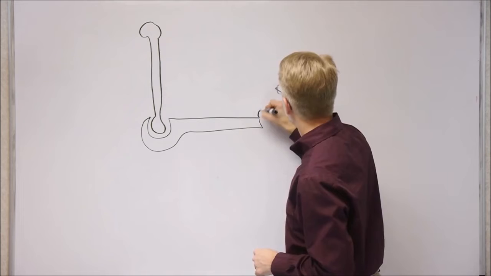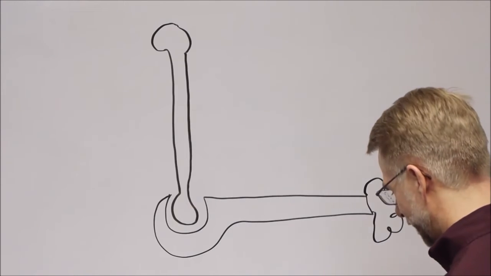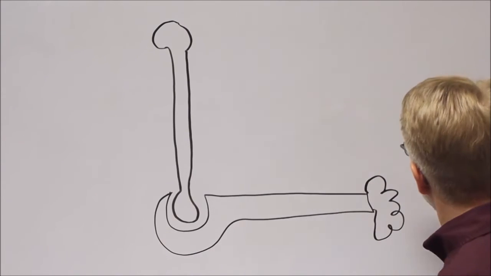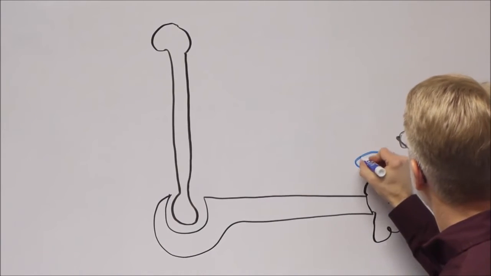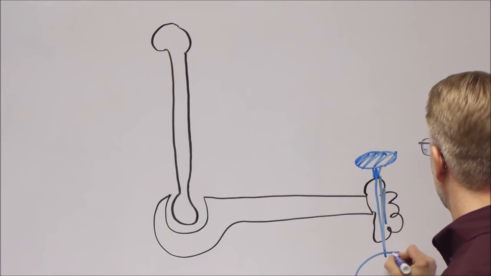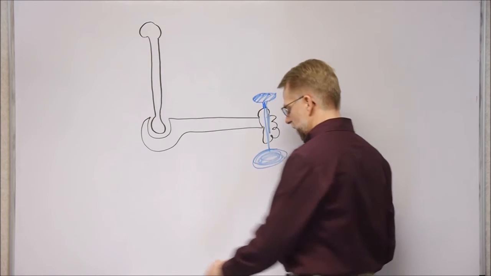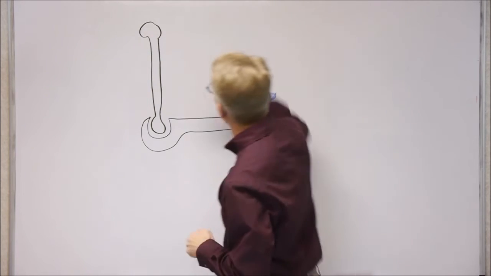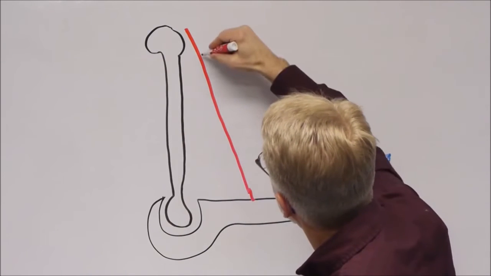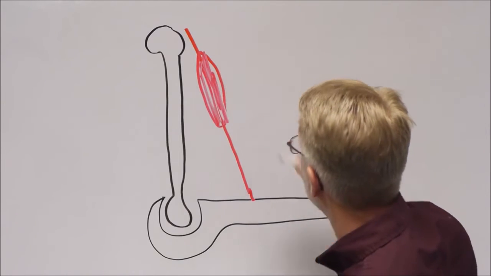And then over here we have the hand, expertly drawn, and in the hand we're going to have a weight. So here's our dumbbell weight in the hand. And that's providing the resistance. And over here we have the biceps muscle, providing the lifting power.